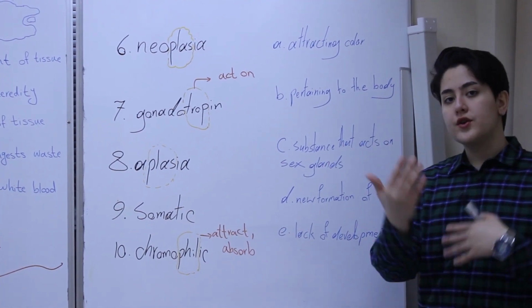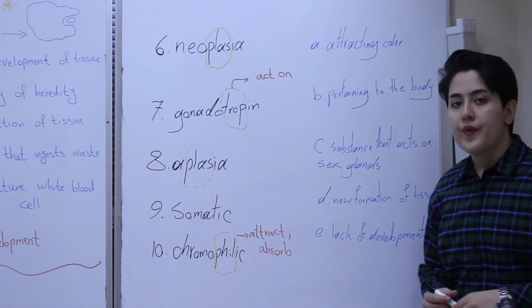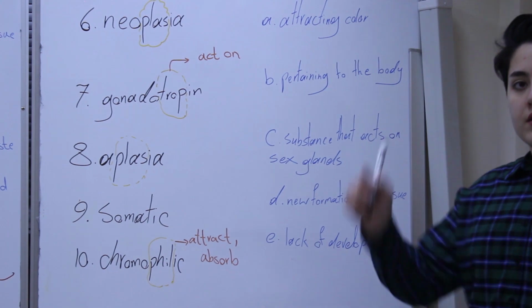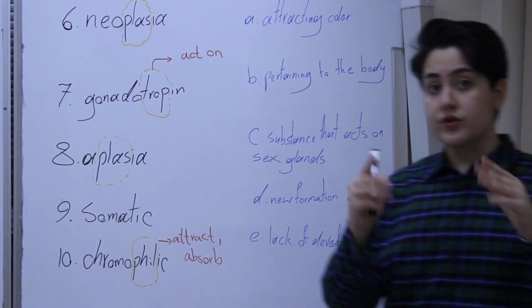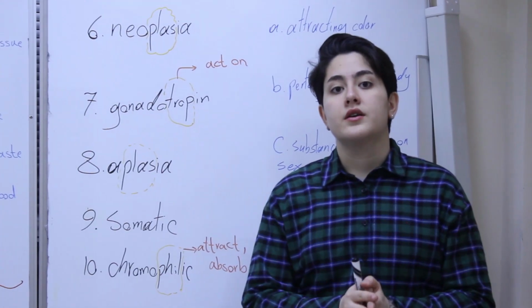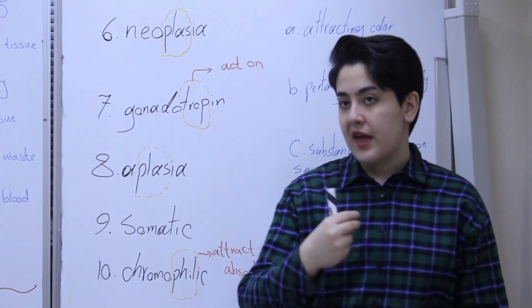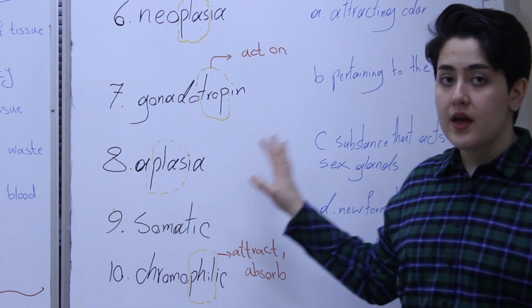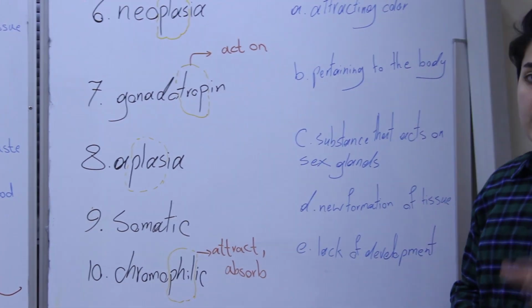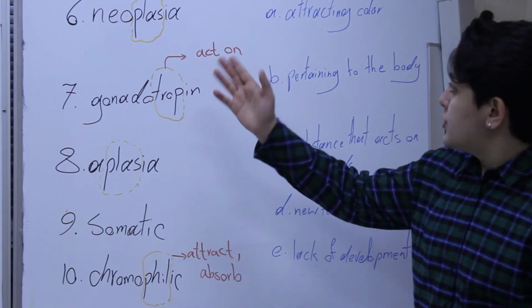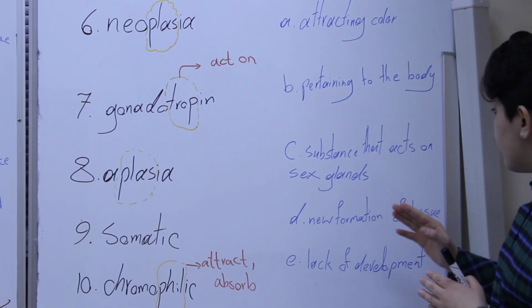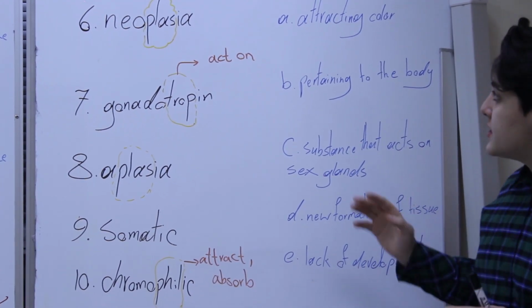First of all, when you are watching this video, when we are asking, you can pause the video, then think and answer yourself in your homes. Then you can continue and see the answer and also learn. They are very important key terms. So, neoplasia means new formation of the tissue.